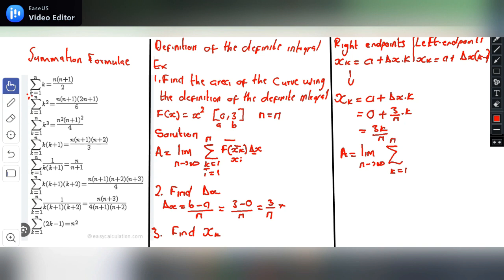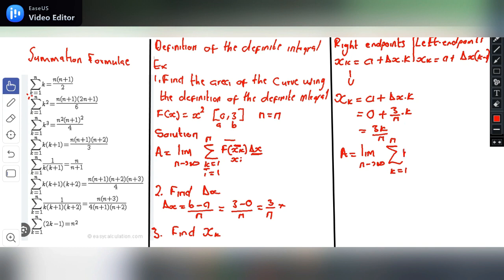Remember that now we have calculated delta x and also xk. So we're going to replace xk and delta x with the values that we found.